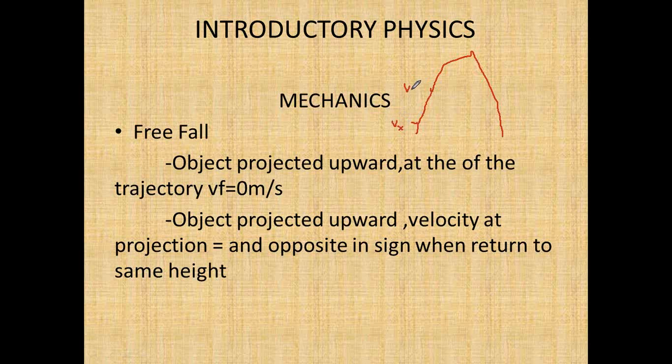And at this point, call it velocity z. It's moving upward, so the velocity is positive. At this final point, the velocity is zero because it started coming down. So this is Vf, and Vf is equal to zero because it's going to stop before it comes down.